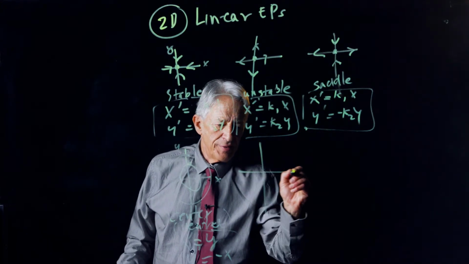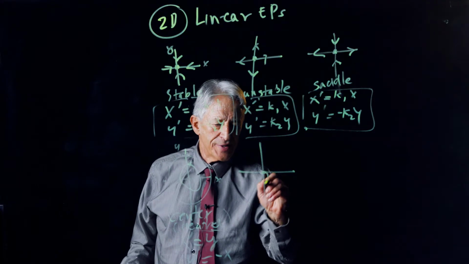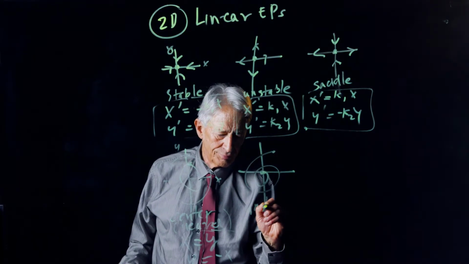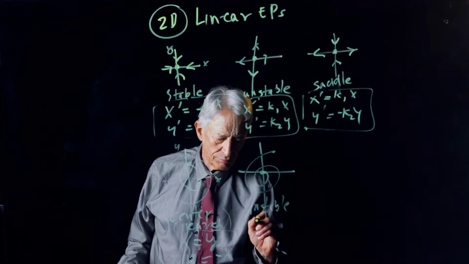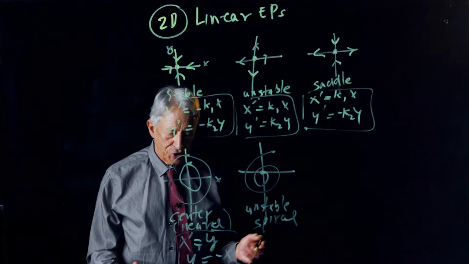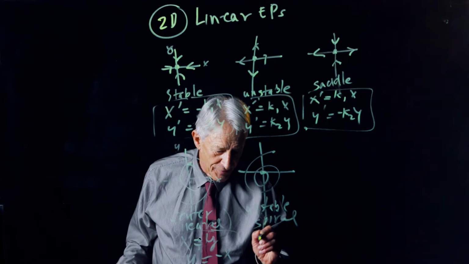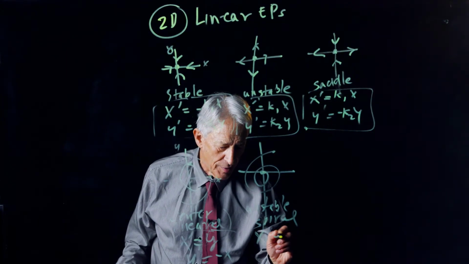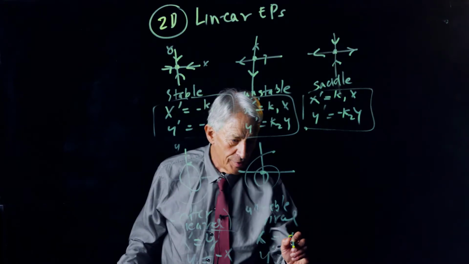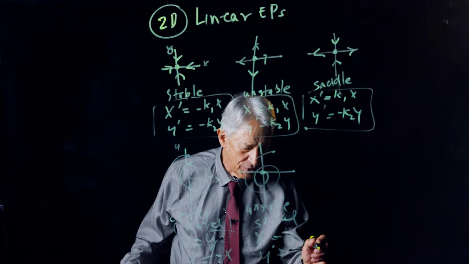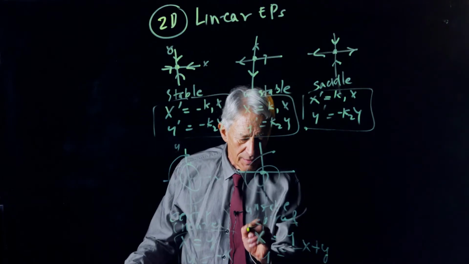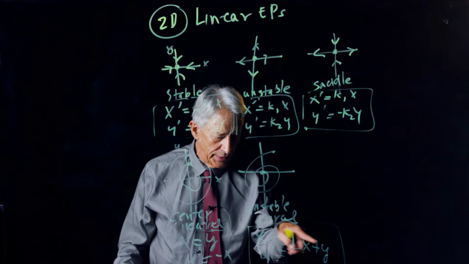We had the unstable spiral, which is exemplified by the differential equation x' = y, y' = -x + y. Again, all linear.